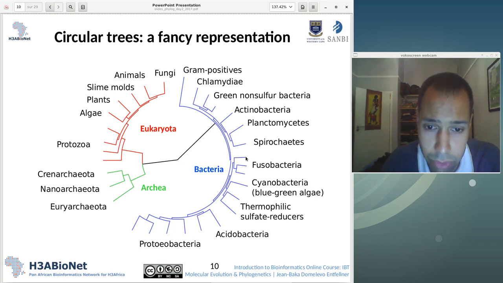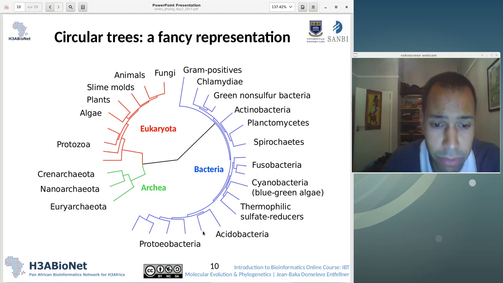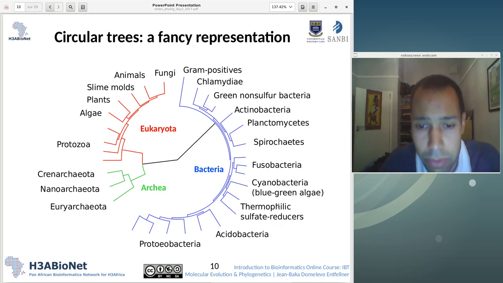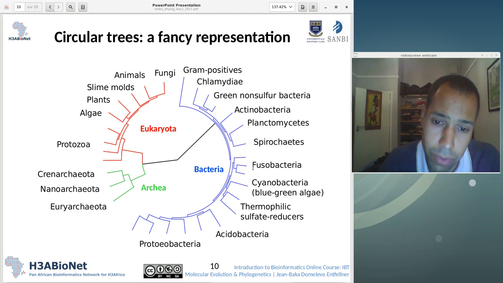Not all the taxa have been represented. Not all of the taxa names have been written here, and taxa names here are phylum, or are obviously not just taxa, not just species, but a category that is much higher in the hierarchy of kingdom, domains, phyla, etc. The three kingdoms are represented here, the three kingdoms of life: eukaryotes, archaea, and bacteria.